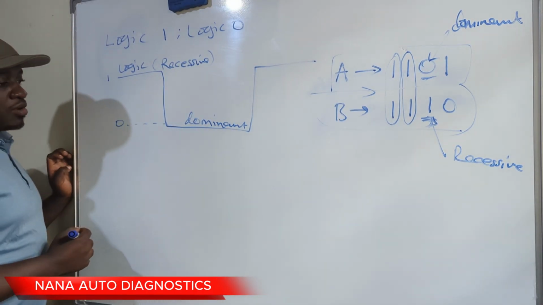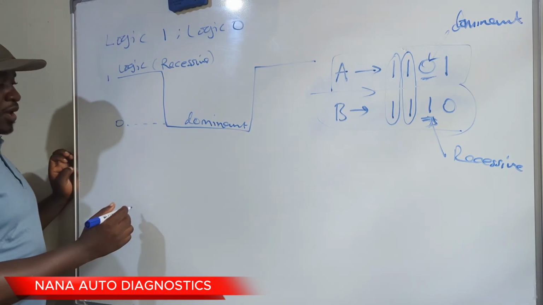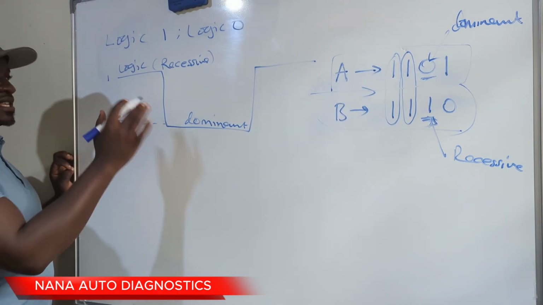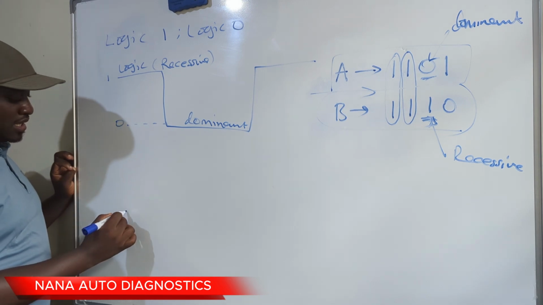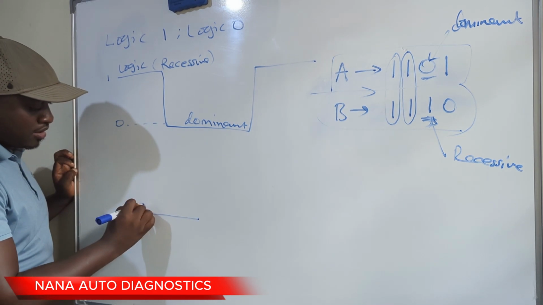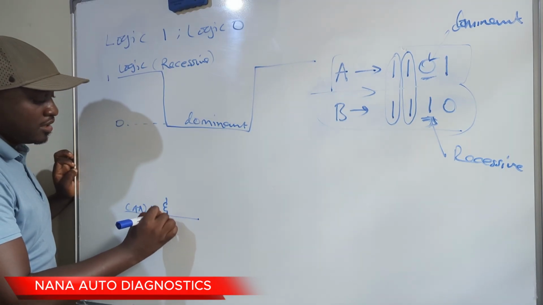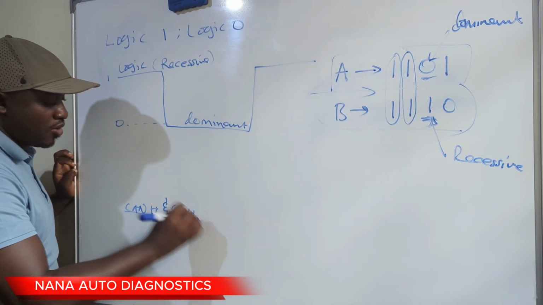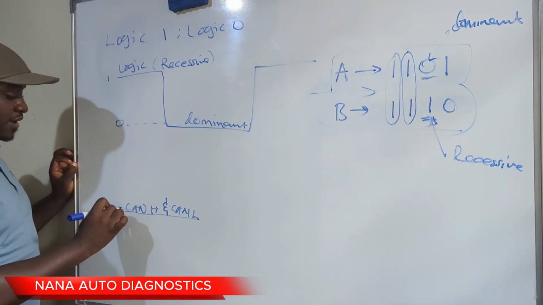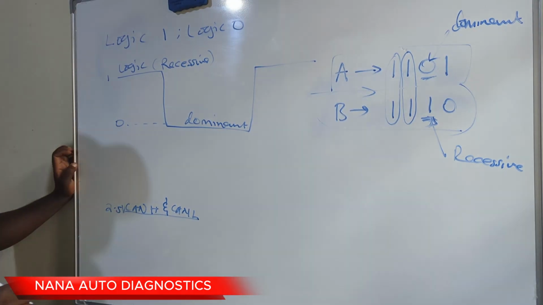When it comes to CAN bus communication, whenever the system is at idle or recessive, so to say, both CAN high and CAN low sit at a voltage of 2.5 volts.